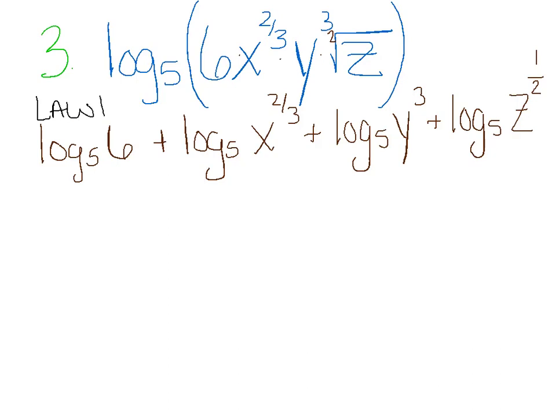Now I just ask myself, are there any other laws that can take place? And I don't have any division, so we haven't used law 2 yet, but I do have exponents. So now let's apply law 3. And again, law 3 just says any exponent is going to come down in front of the log. So this first term, no exponent, I'm not going to mess with. The second term, this 2/3 is going to come down in front of the log.